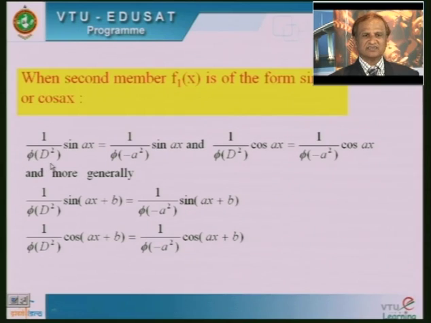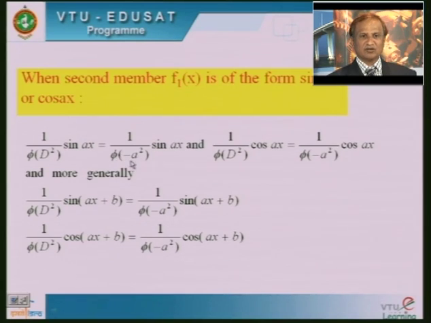It may contain a D term also, but for the time being I will not concentrate on the term D. I will identify only the D square term, because the method says that we want to replace D square by minus times a square, with sin ax as it is.